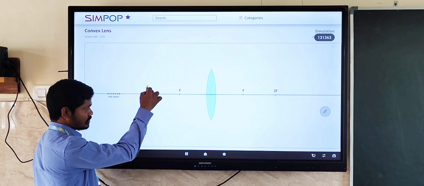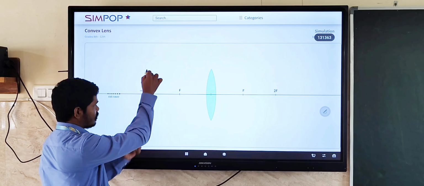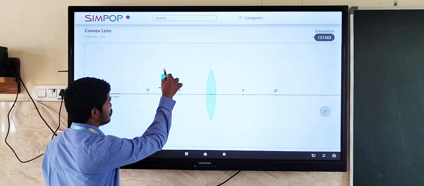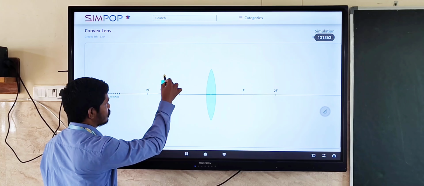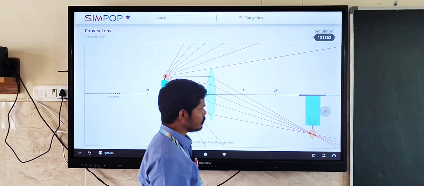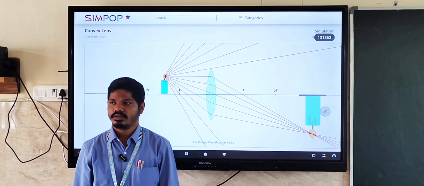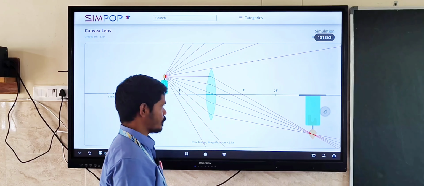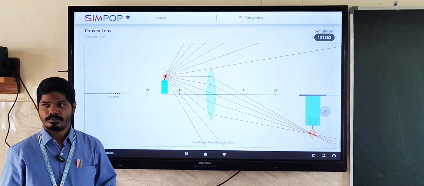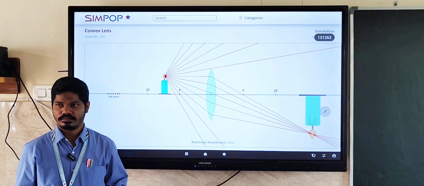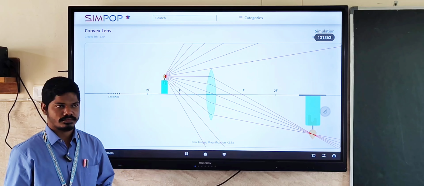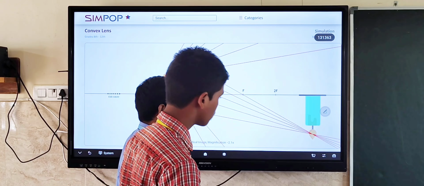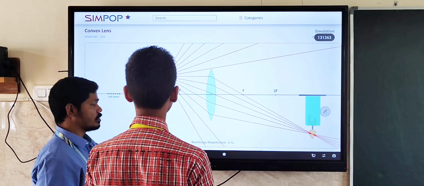Okay. Next. Again, I am keeping this object between the center of curvature and focus. See. Banu, please come. By observing this picture, what is the position of the object?